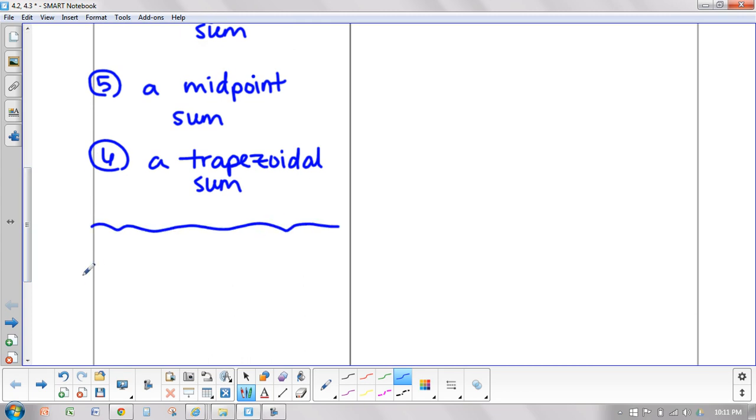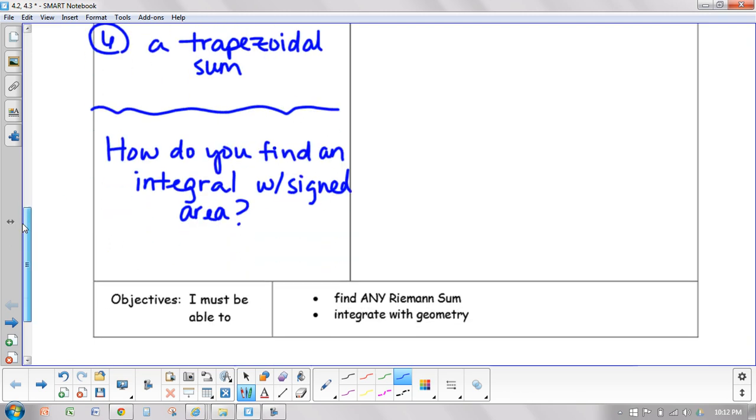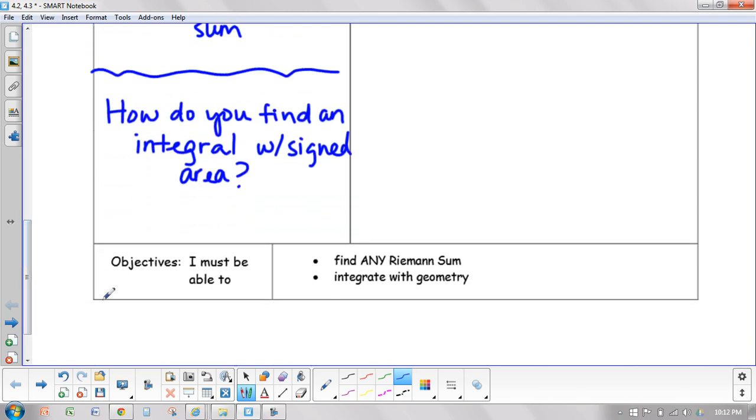The other essential question will be, how do you find an integral with signed area? And we'll deal with that in our second day for 4.2 and 4.3.